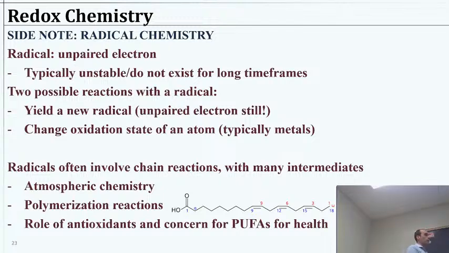Now, if you end up with a situation with an unpaired electron, sometimes this requires some strange or big event, maybe a photochemical event. Then whenever that radical reacts with something else, that something else now probably has an unpaired electron, under normal circumstances, unless a redox reaction occurs.